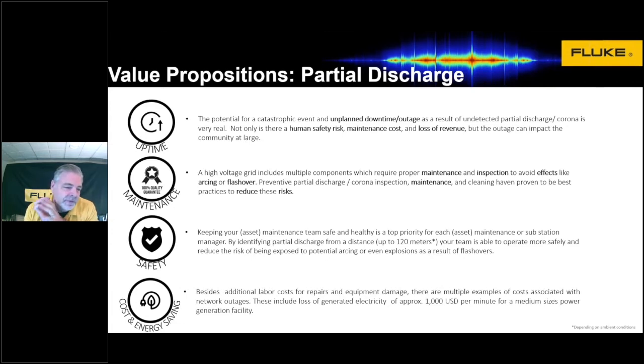And when it fails at those points, you're talking about downtime for lots of different customers if you're a utility, or quite a large part of your plant, or maybe even the whole plant if it happens to you personally. So it's very expensive. There's a lot of damage that typically happens when it fails because it creates an arc flash, which is very, very destructive. Some specialized equipment has to be rebought quickly, or temporary solutions have to be put in place. So finding and detecting PD is critical.